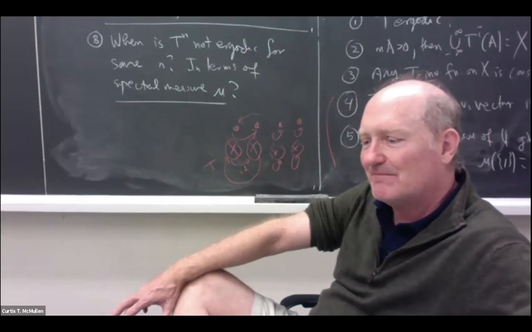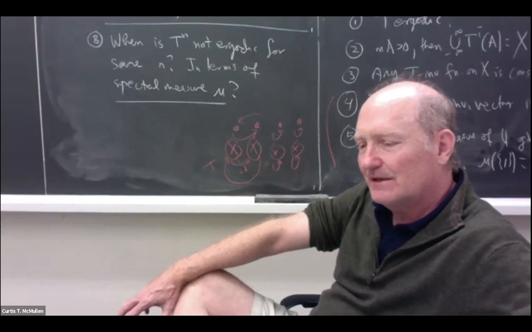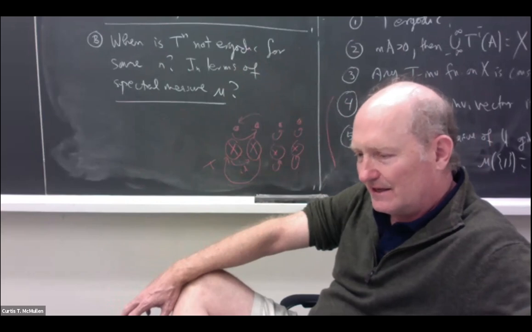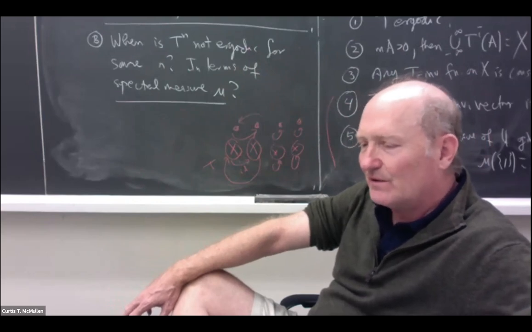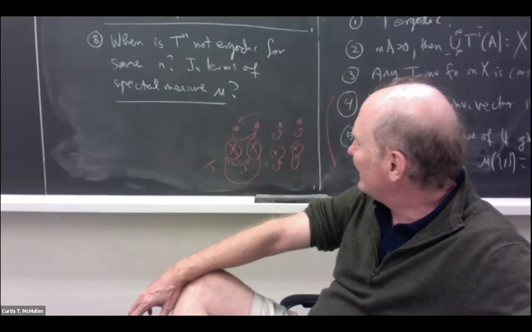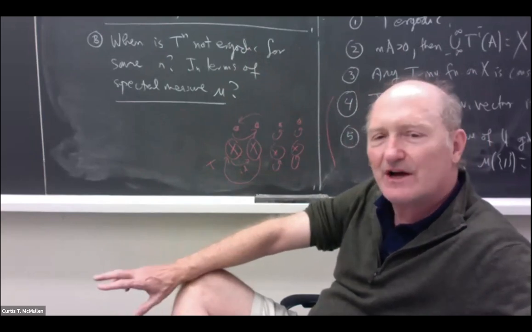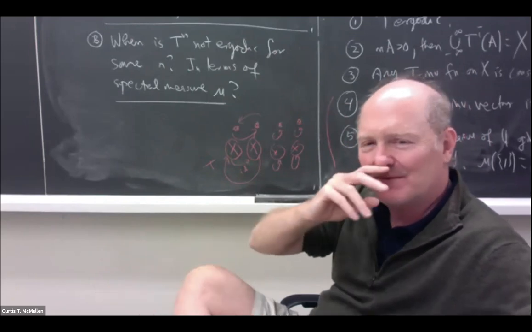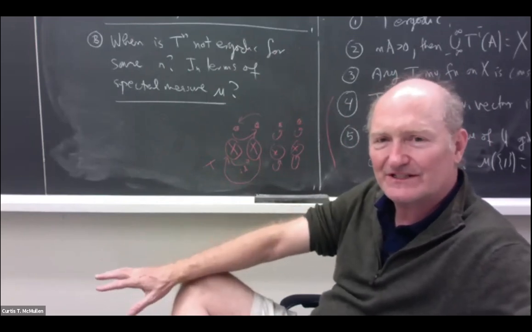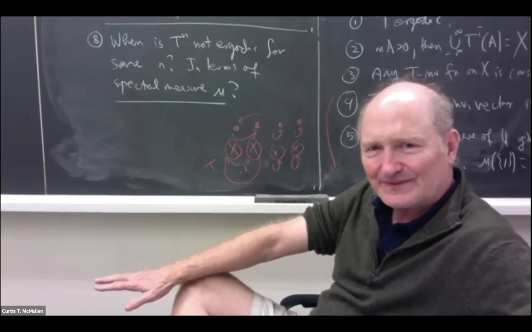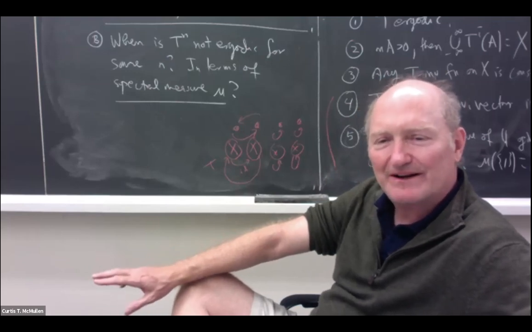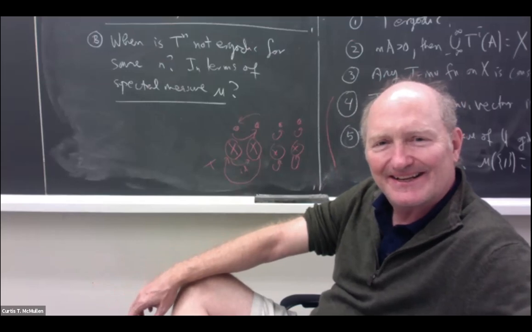But I think you can make examples that are not totally unnatural, which are connected, having to do with flows on surfaces, but I don't know a natural one off the top of my head.